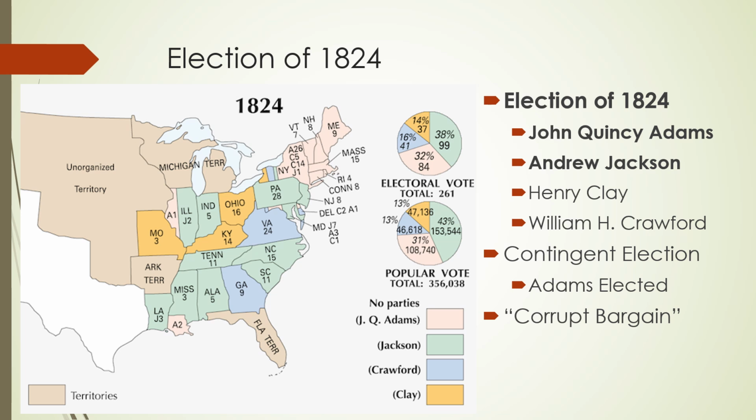What really causes a stew here is that before they have the election in the House of Representatives, Henry Clay drops out of the race and endorses Adams. In return, once Adams is elected, he makes Henry Clay the Secretary of State.